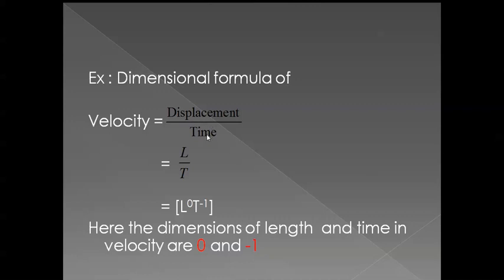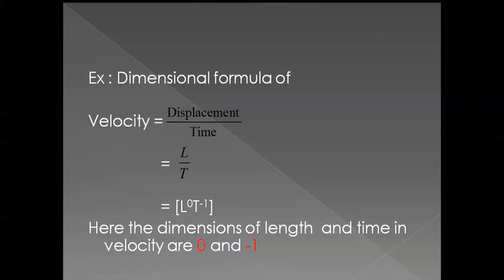Velocity equals displacement by time. Displacement comes under length. Displacement is nothing but length. It is measured in meters. Length is measured in meters, and displacement is also measured in meters.